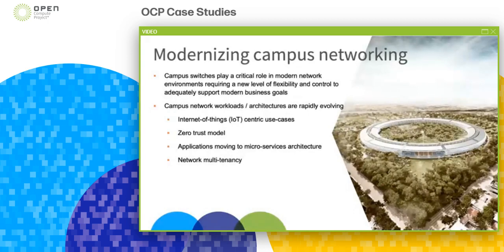And then finally, for a lot of modern campus environments, the old idea of guest networks is evolving into a full-blown multi-tenant network model. One example of this is with healthcare, where medical equipment companies will deploy their products and services running as an overlay on top of a hospital's basic network infrastructure.